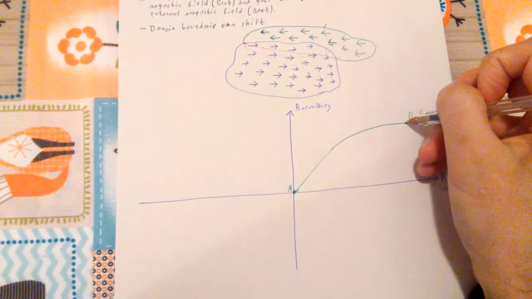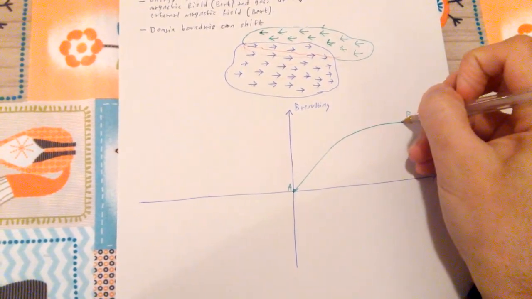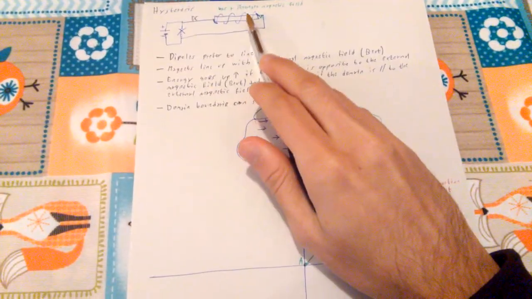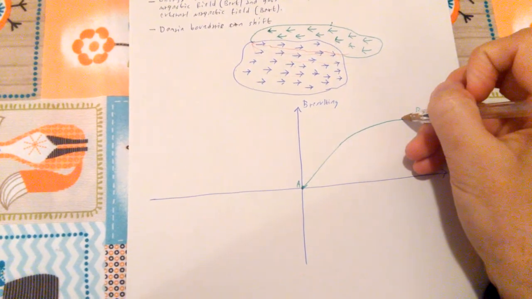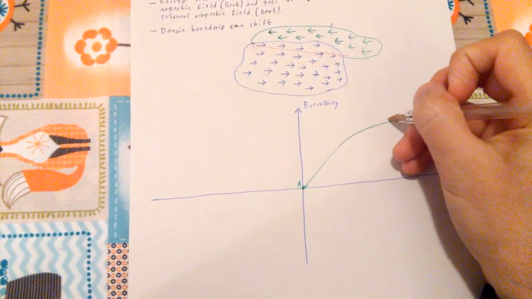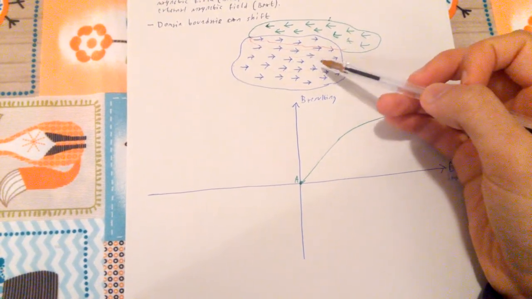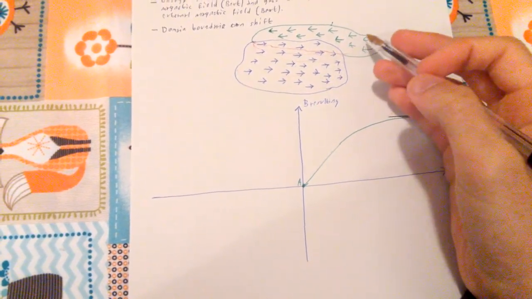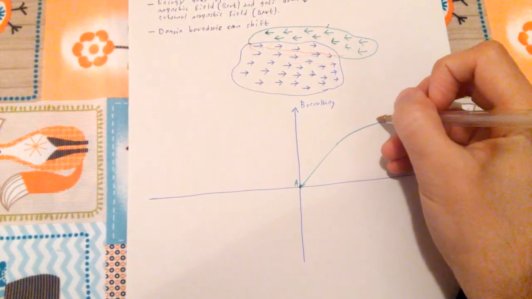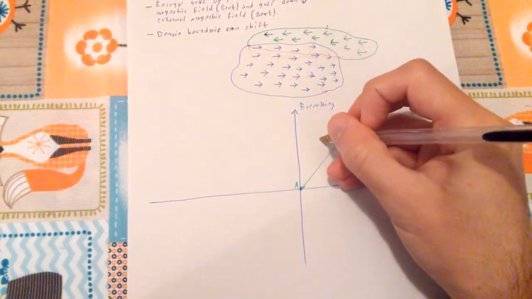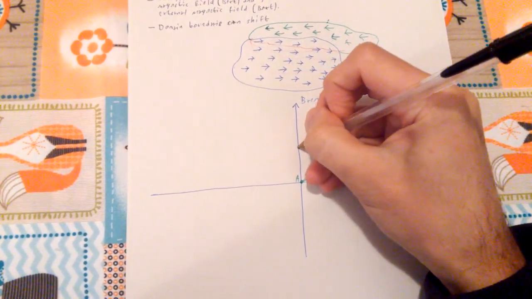If I interrupt the current from flowing through the iron, then this one, the green one, is gonna lose some territory. So I'm gonna go down, down, down to this point, which I'm gonna call C.